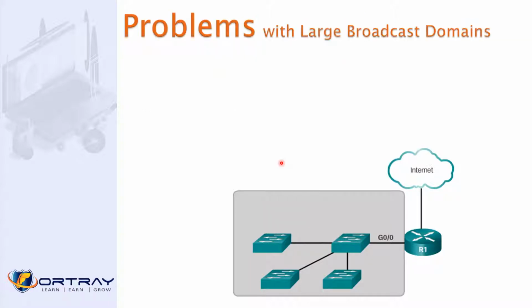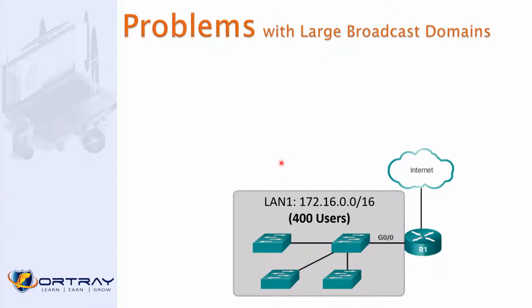This is a problem in a large network. It means 400 machines need to process that request, which may be only for one user. So 399 users will be processing it without any requirement, which means we are wasting bandwidth. So the first problem is we are wasting our IP addresses. Those are critical; you need to buy them from somewhere.